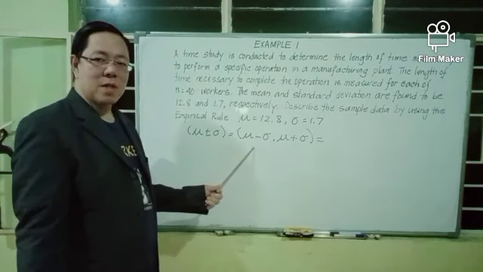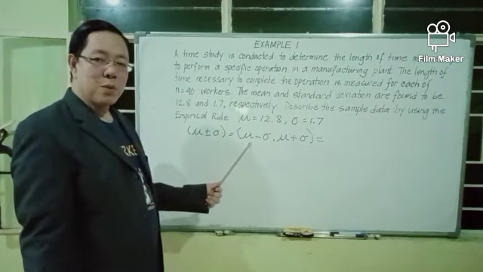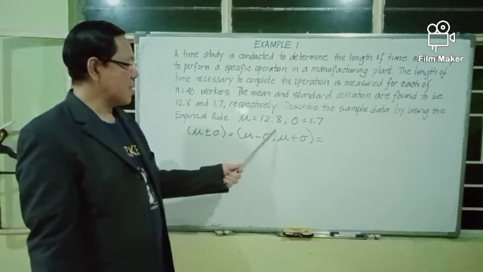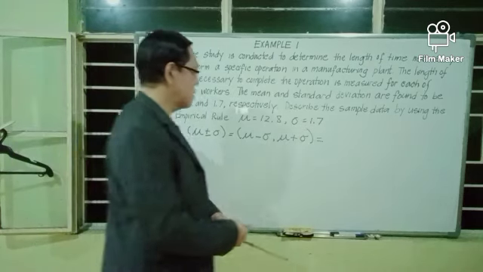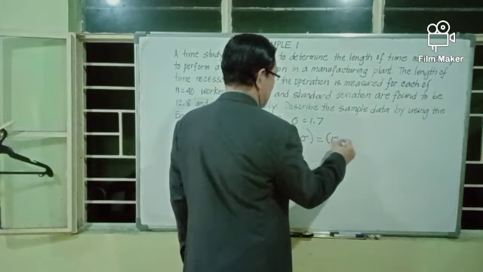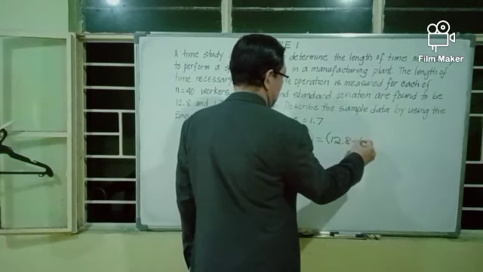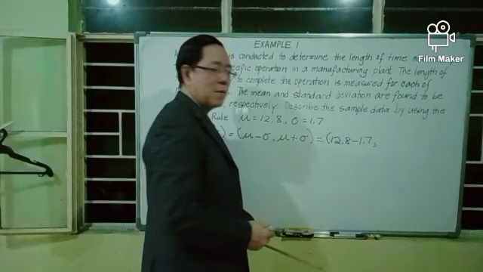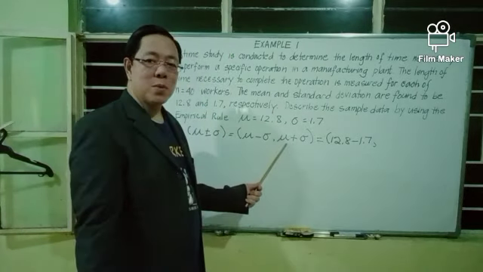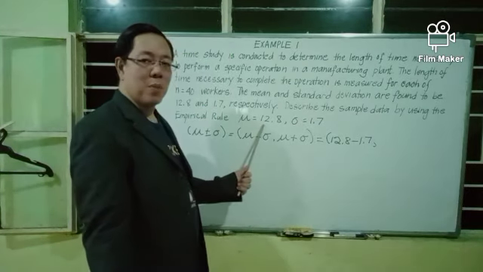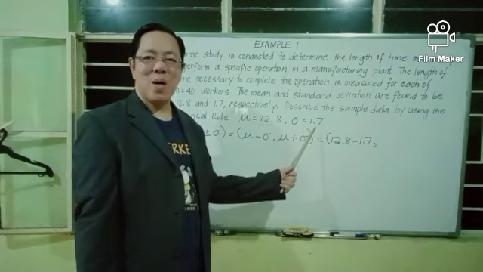And we compute this value, mu minus sigma. Mu is 12.8 minus 1.7. We also compute the right endpoint mu plus sigma, where mu is 12.8 and sigma is 1.7.